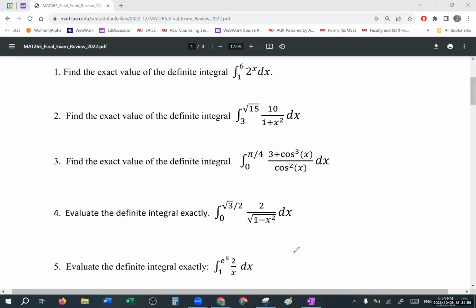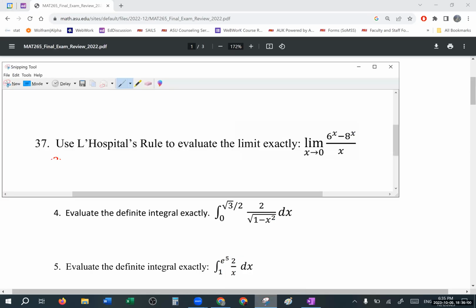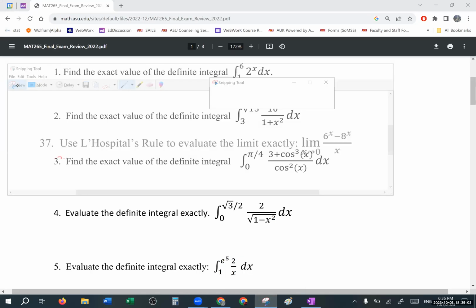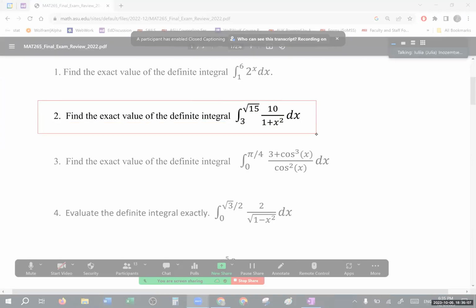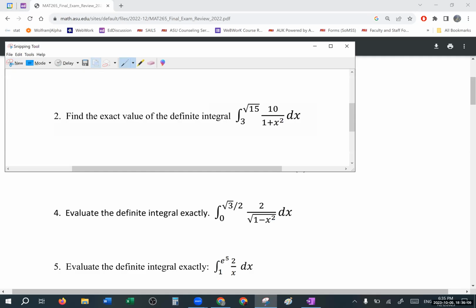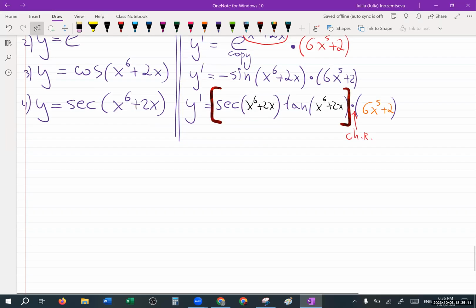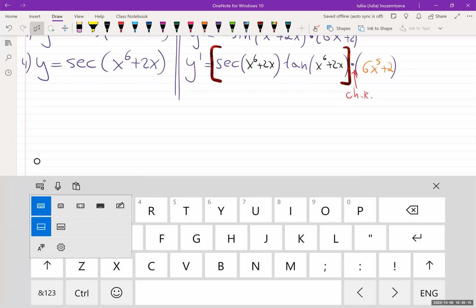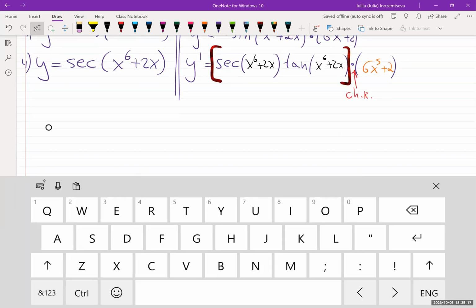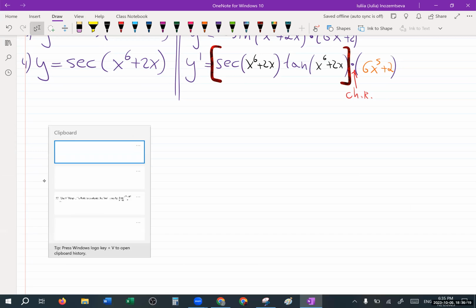Let's practice the definite integral. So, number 2 and number 4. Good.